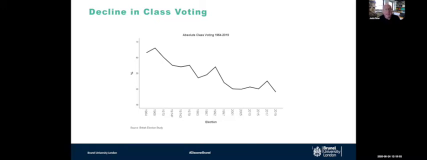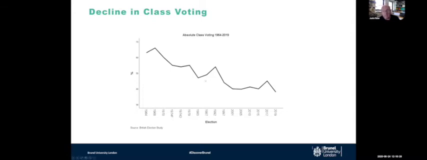And what we see here is again a significant decline. However you measure class voting, and this is just one measure here, we get the same results, that class voting is becoming increasingly irrelevant in terms of electoral behaviour. Knowing someone's class is increasingly a poor predictor of how they're going to vote.